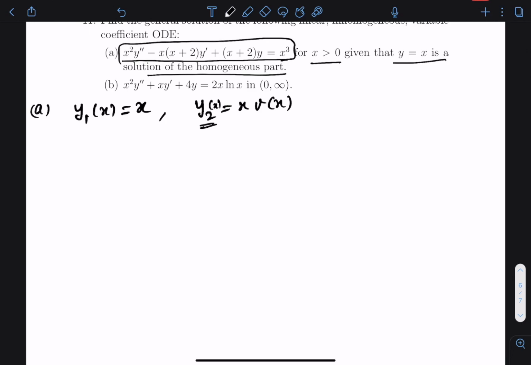Okay, so you differentiate y2 as many times as you have there, and you plug it in, then you will have a relation, right? So let's do that.